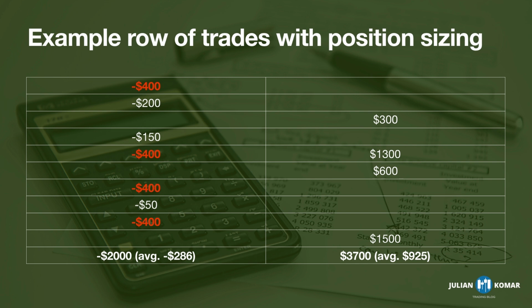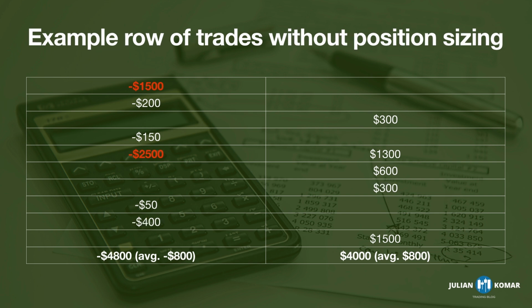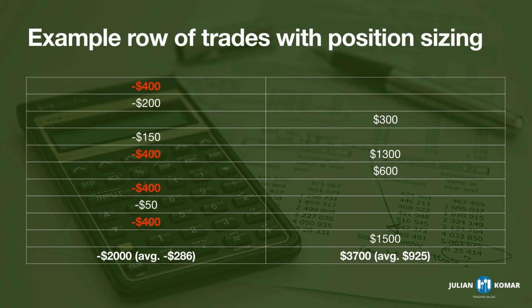And on the other side, in the profit column, we removed this 300 US dollar trade. And in that case, now we have an average profit of 925. Before it was 800. So it is a little bit more, but the hit rate also went down, of course.